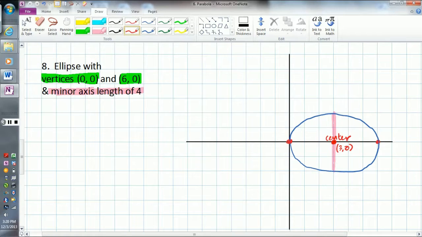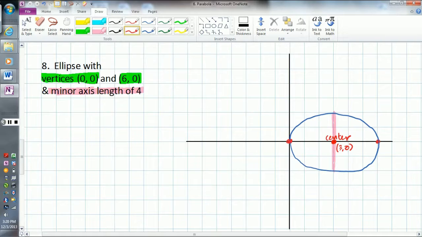Now, my minor axis has a length 4, which means this is going to be from the center to that minor vertex, a length of 2. Here's a length of 2. I have a length of 3 and a length of 3 going horizontally along the major axis, which I'm going to highlight in blue. And I have enough to write my equation, so let's do this.